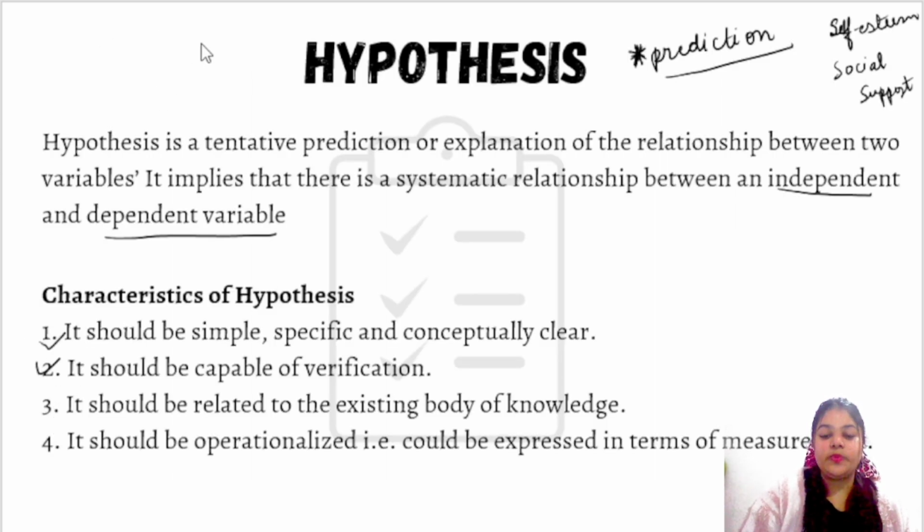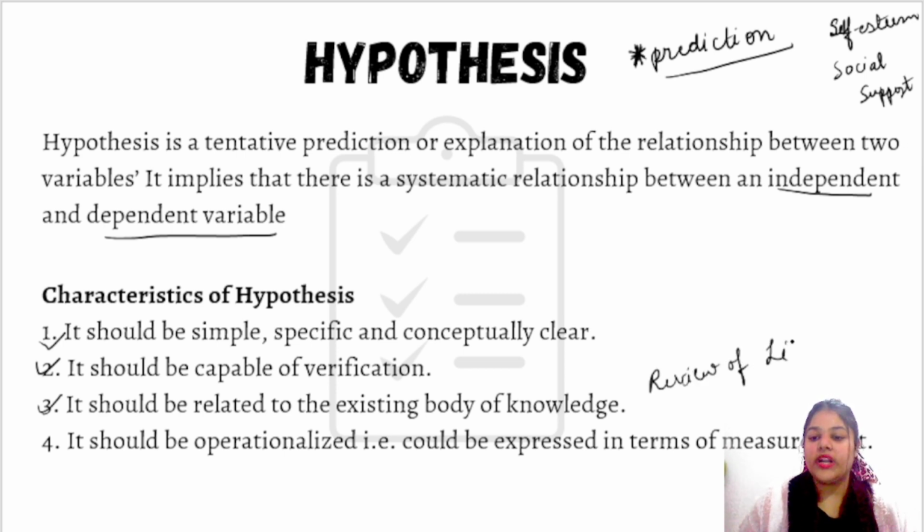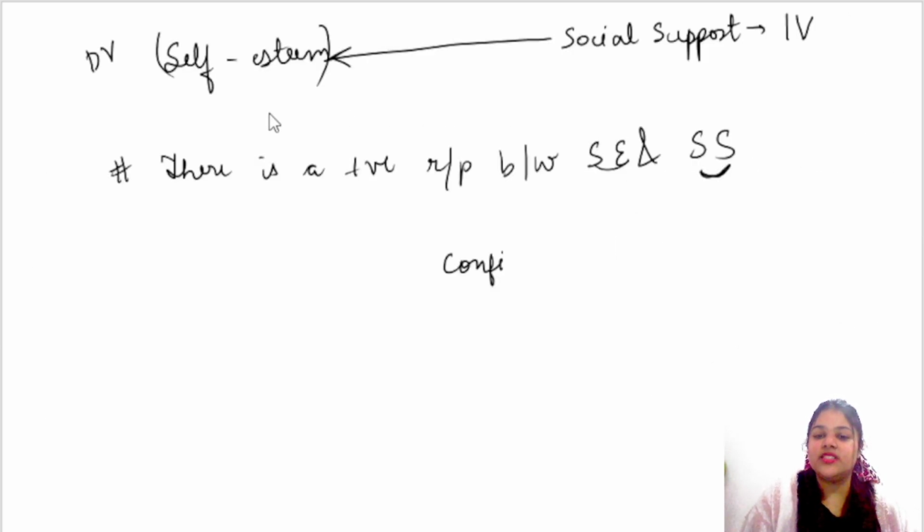Then it should be related to the existing body of knowledge. Now we know that we do review of literature. Whatever studies which have been already done upon the relationship between self-esteem and social support, I will look throughout all the studies which are stating about the relationship between social support and self-esteem.